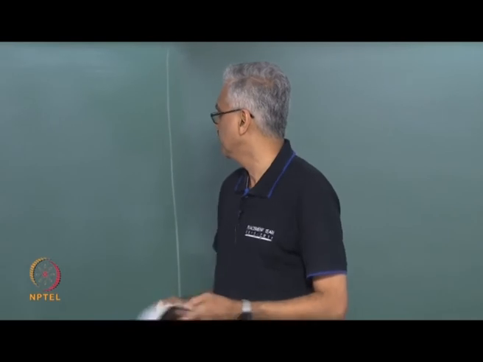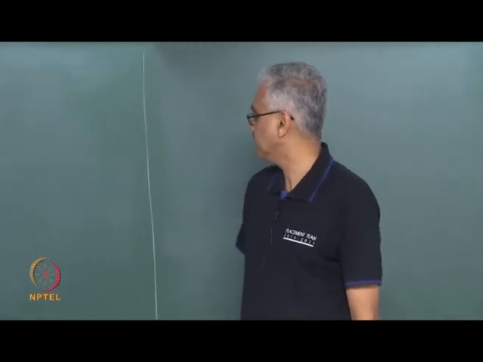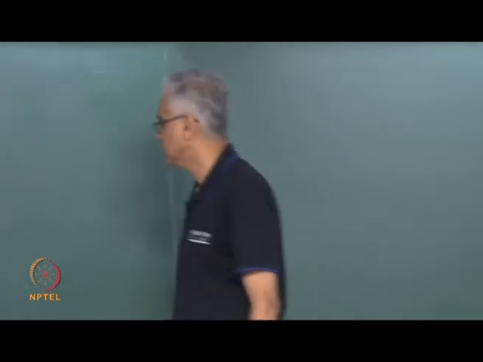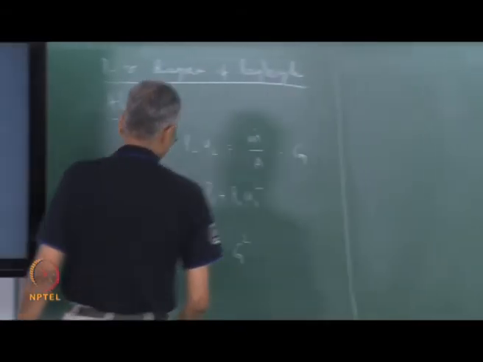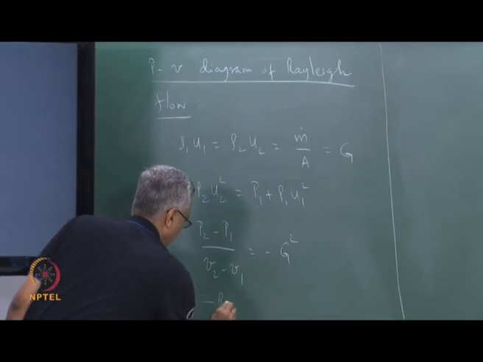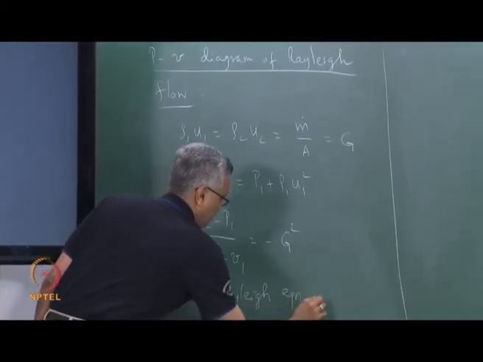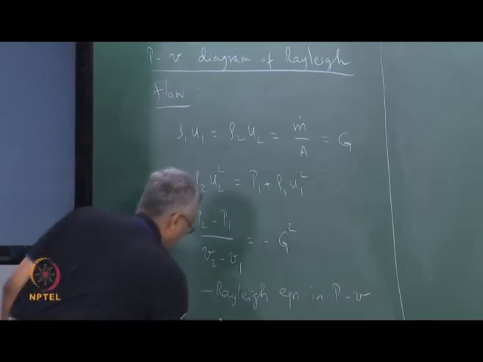Right. This was what we had written down. So this is the Rayleigh equation in PV coordinates.